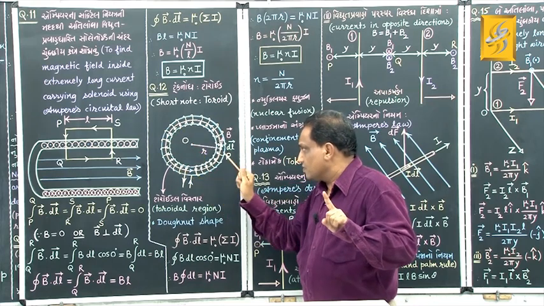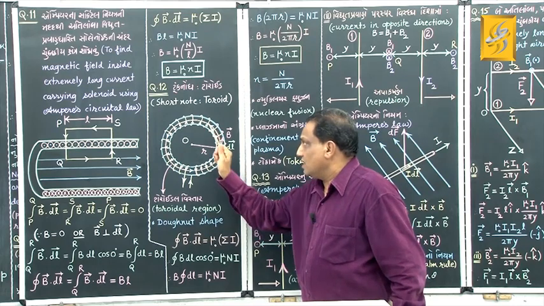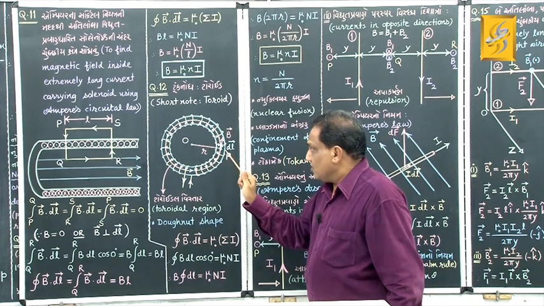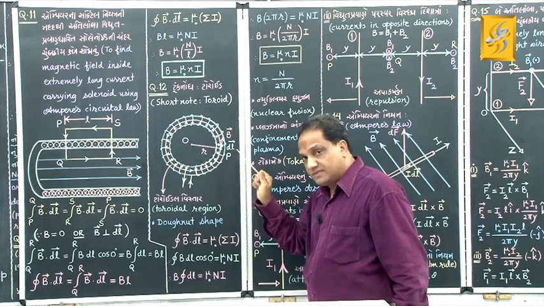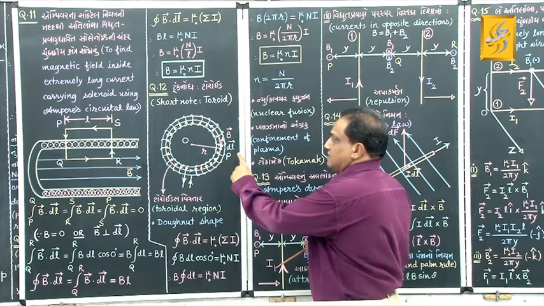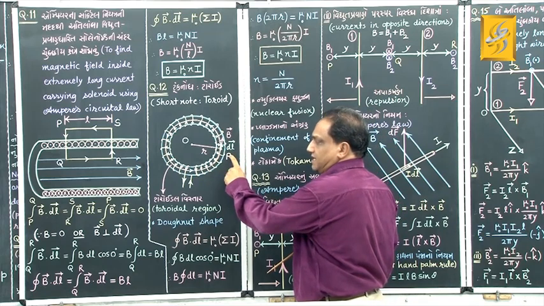So, right now this closed path we take as the Amperian loop, which is nothing but the circular magnetic field line. Then you will divide this entire length into extremely small length elements, and out of such many length element vectors, one length element vector as a specimen I have shown here at point P, correct?